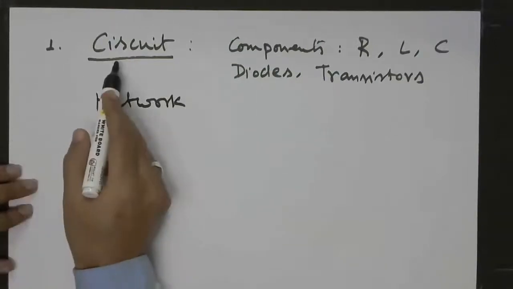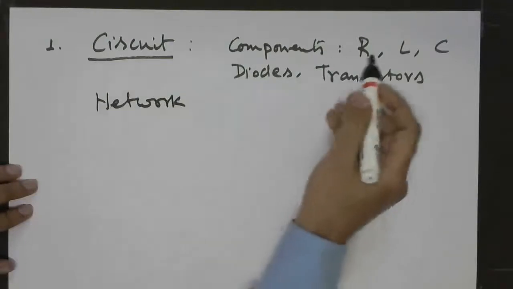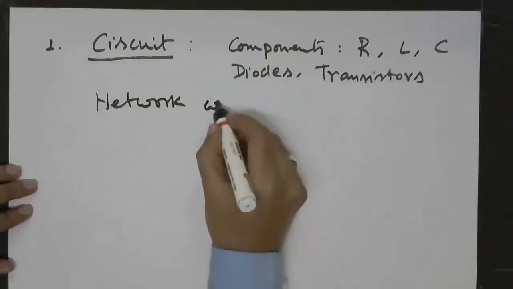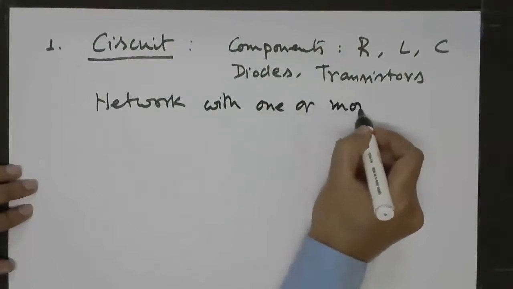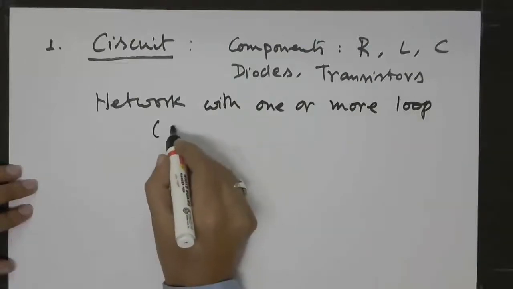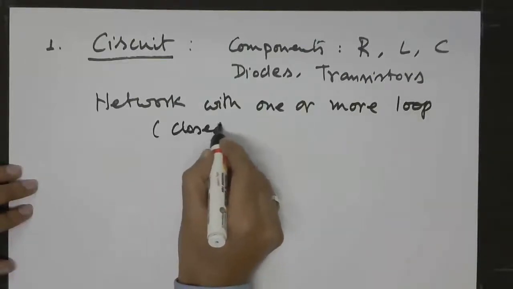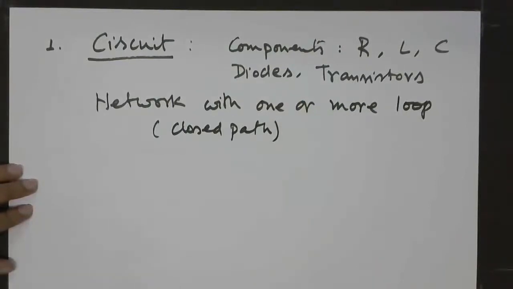So a circuit fundamentally is a network of these components with one or more loops, that means closed paths.